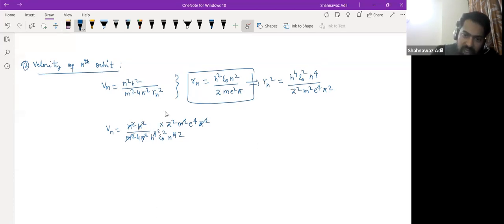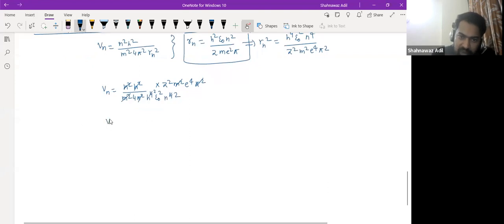So what are we getting? This is Vn, and this is Z square e4 divided by how much? 4 epsilon naught square h square and n square, right?